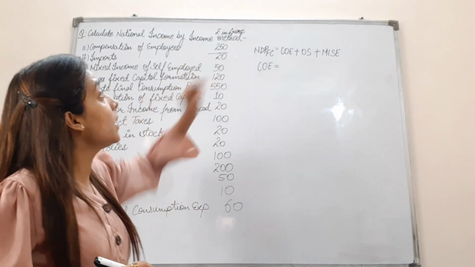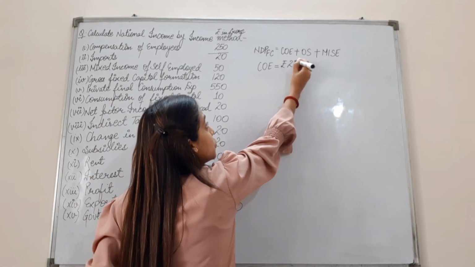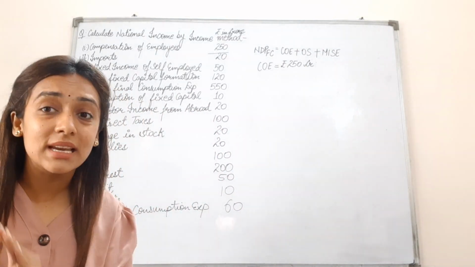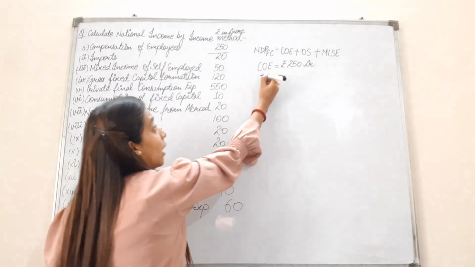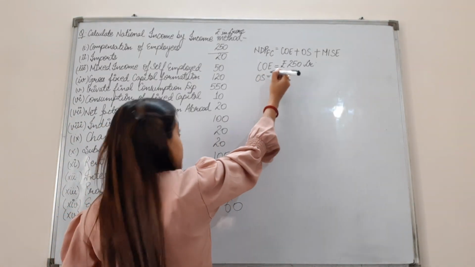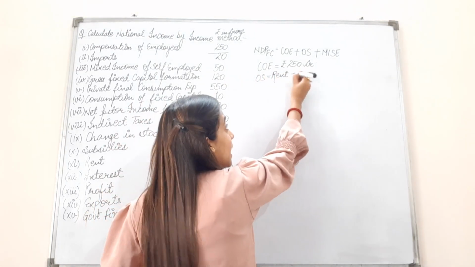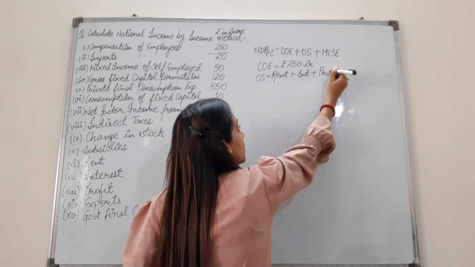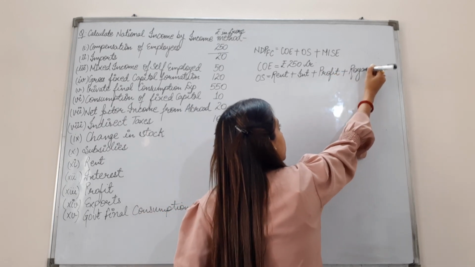So COE is equal to rupees 250 crore. COE is given directly in the question. Now OS is equal to rent plus interest plus profit plus royalty.